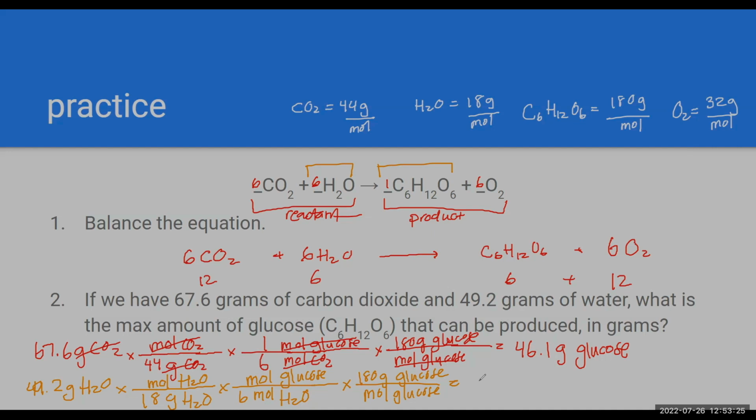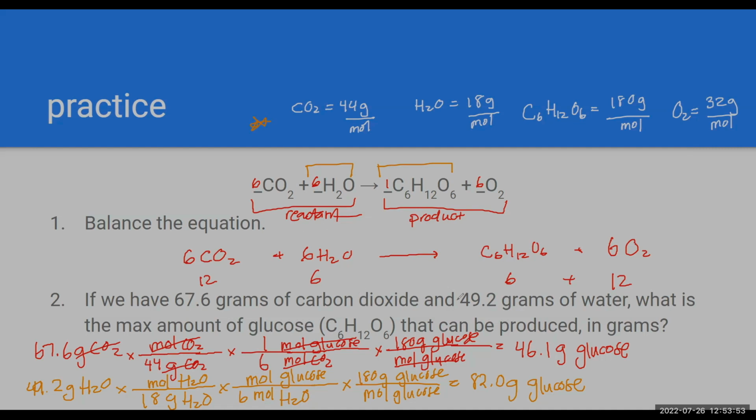I'm getting an answer of about 82.0 grams of glucose. And so this is going to be the calculation if you use water. These values might change depending on the molecular mass that you used. I used the ones that I put up here on the top.